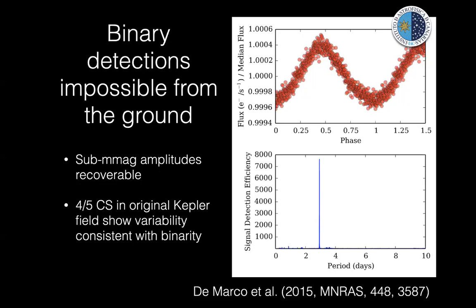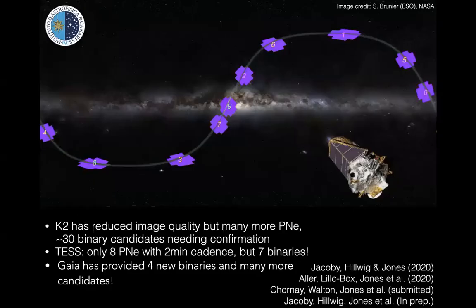And it's because these systems were observed from space, we're far more sensitive and not affected by the variations of the atmosphere, and so we can detect much lower level amplitude variability. And similar story if we look at other missions. If we extend to the K2 mission, which has observed a lot more planetary nebulae, more than 100, from there we've already found 30 or 30 plus binary candidates which need a little bit more confirmation because of the reduced image quality of Kepler.